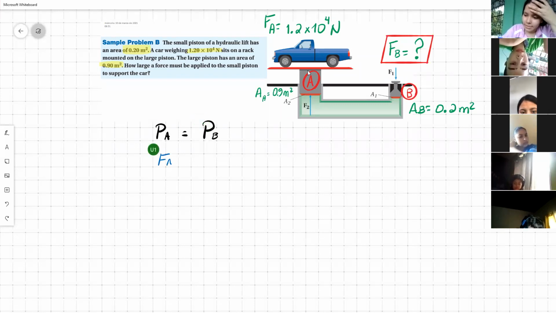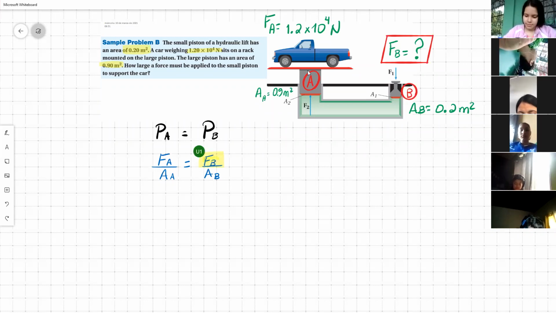Force in A divided by the area of A is equal to the force in B divided by the area in B. So I need to find the force in B, which means that I'm going to be isolating FB.